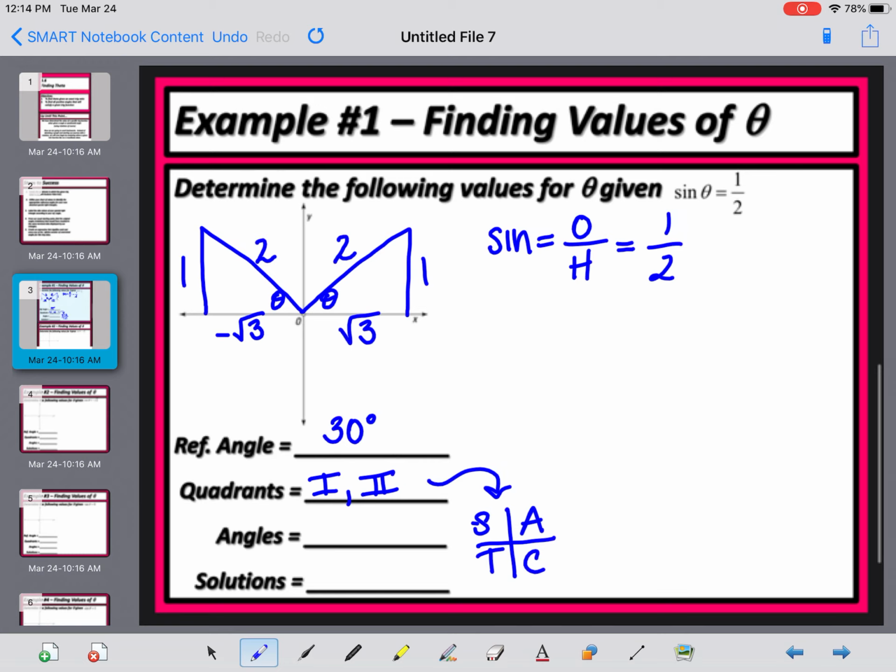So if we start in standard position and the hypotenuse is my terminal side, I'm going to measure out these angle rotations. So my first angle would be 30, and then my second rotation would be 150.